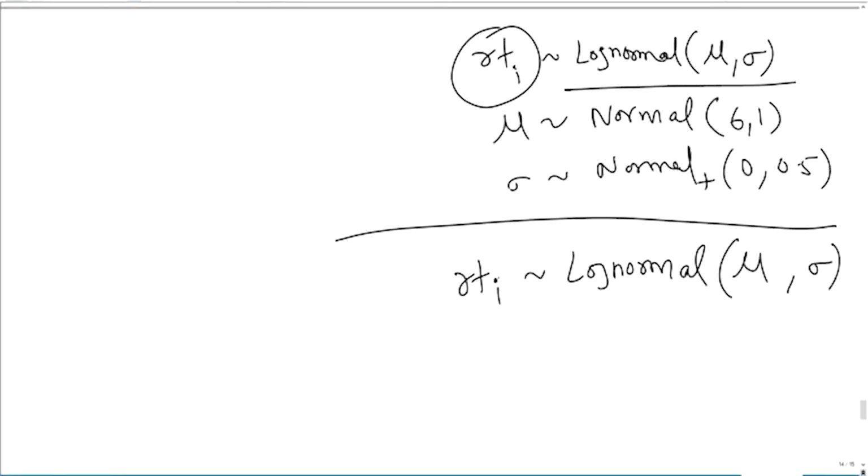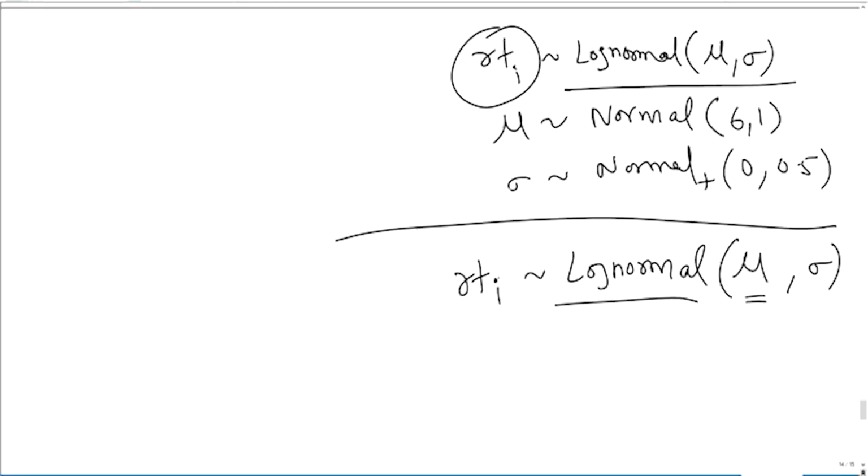Sigma remains the same, but this mu, which is indicating some sort of average, for log normal is not exactly average; it is indicating the median. So it's a median recognition time.